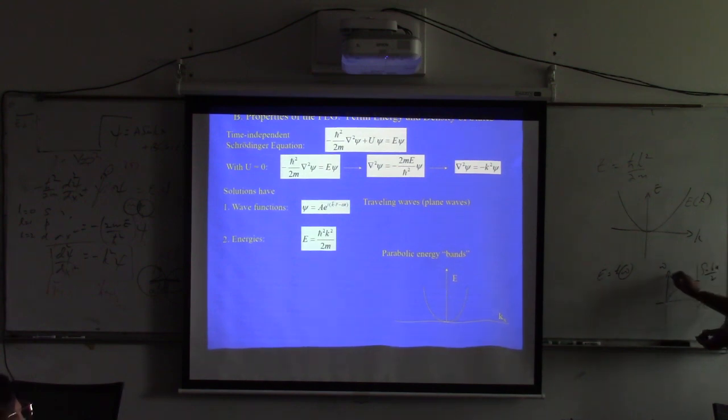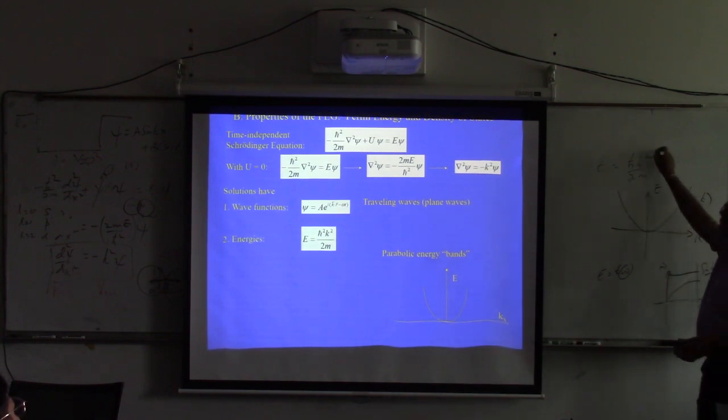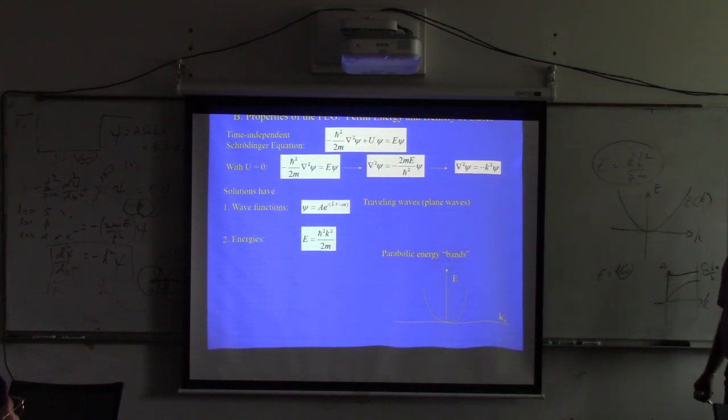If you have an optical mode, it's something like that. These are phonon dispersion relationships. For the electrons, they have just one. Except, does anybody know the dispersion relationship for graphene?